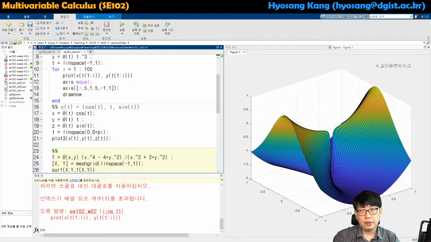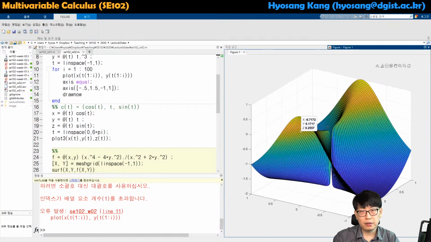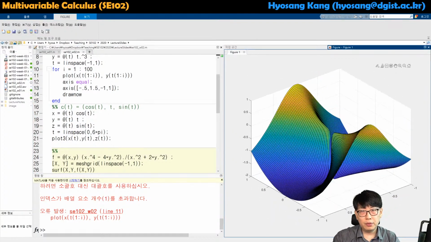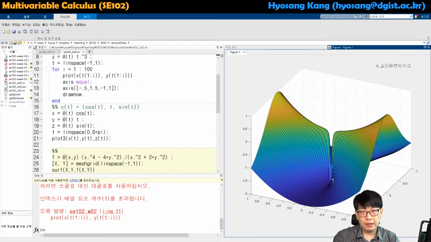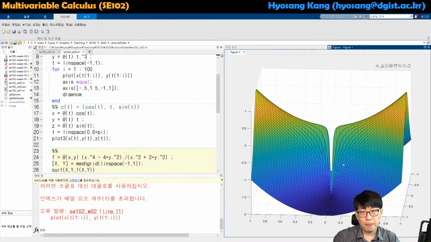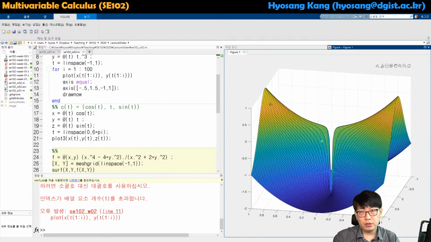So this is the graph. This is how it looks. You see something going bad at (0, 0), right? It looks like it's not connected here. Actually, it's not continuous, but it's also a limitation of our program. It simply cannot draw it.